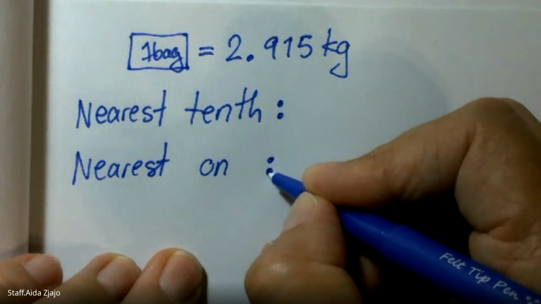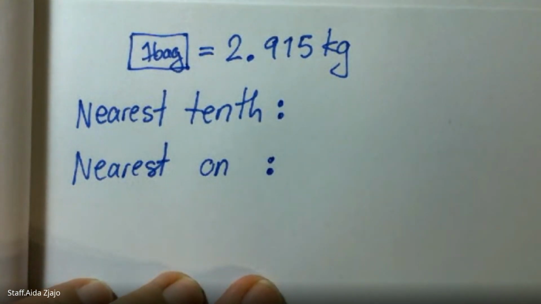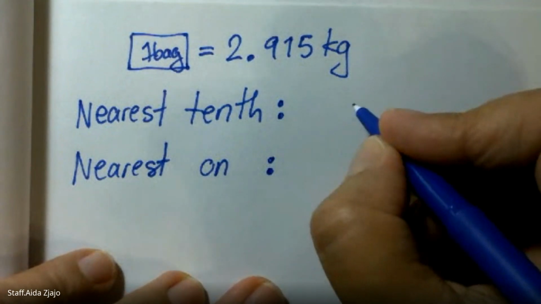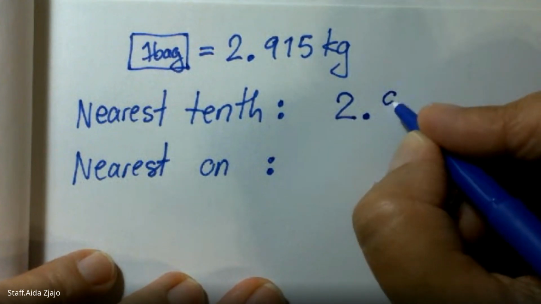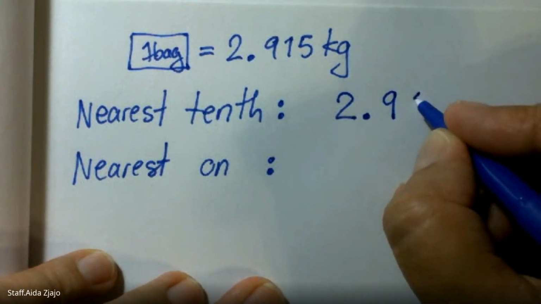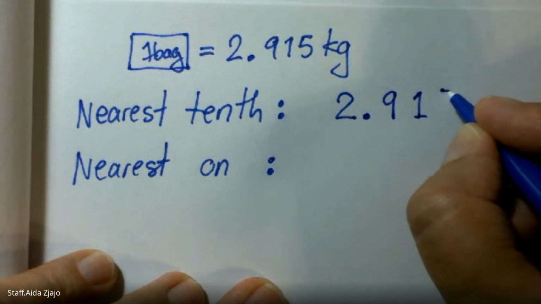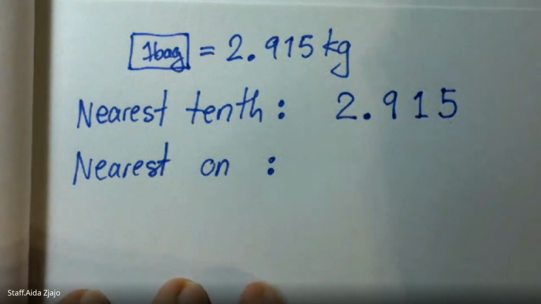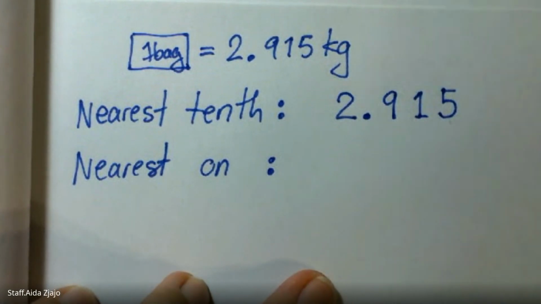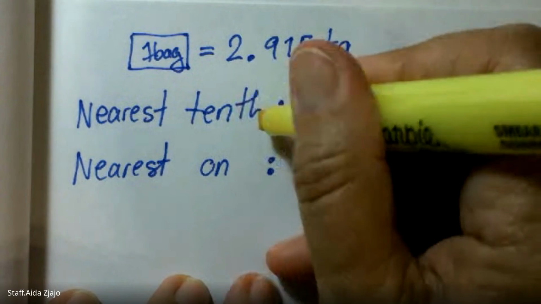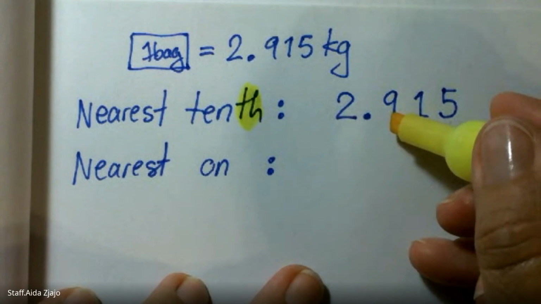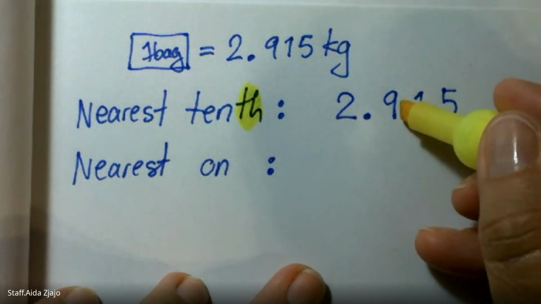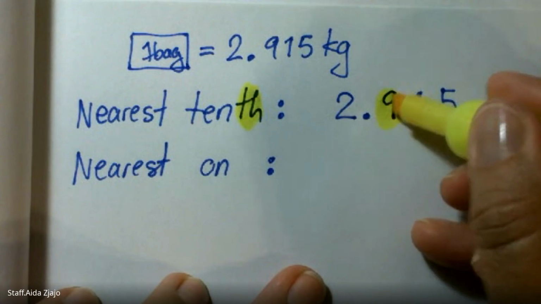If this is my number, 2 wholes, 9 tenths, 15 thousandths, and they are asking me to round to the nearest tenth, these are ones, so tenth is this one here.